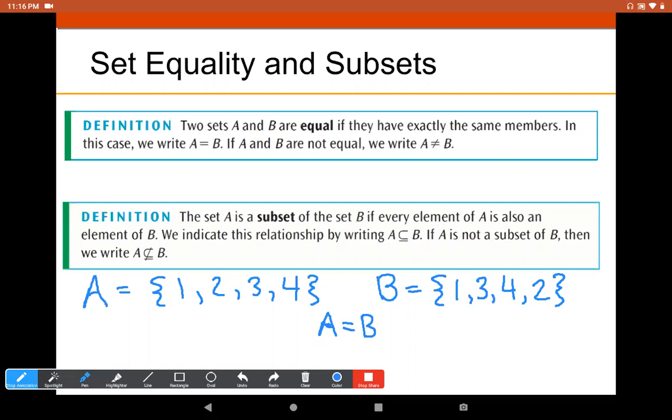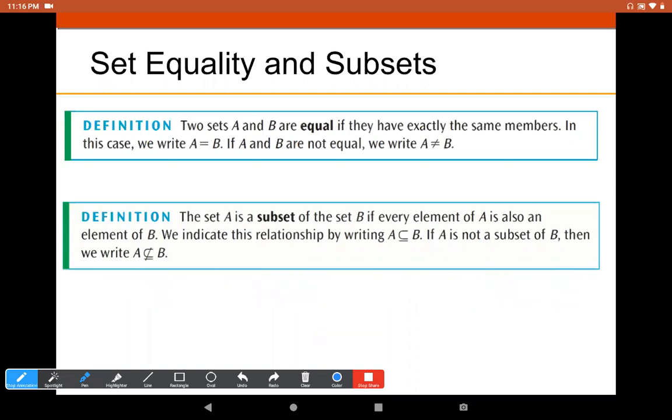Definition of a subset. The set A is a subset of the set B if every element of A is also an element of B. We indicate this relationship by writing A is a subset of B. It's a symbol that kind of looks like a C with one underline below.